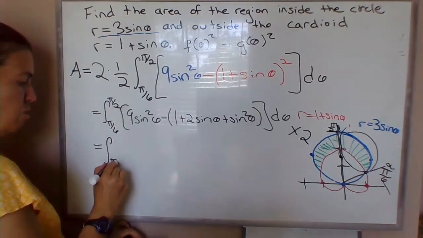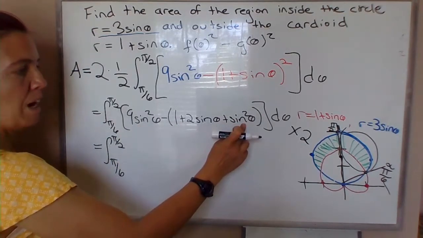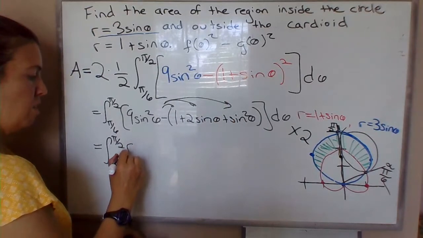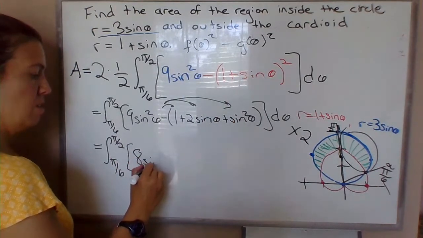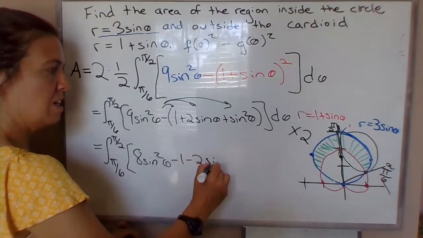So that's integral from pi over 6 to pi over 2, 9 sine squared minus sine squared when you distribute the negative here. So that'll give us 8 sine squared minus 1 minus 2 sine theta.